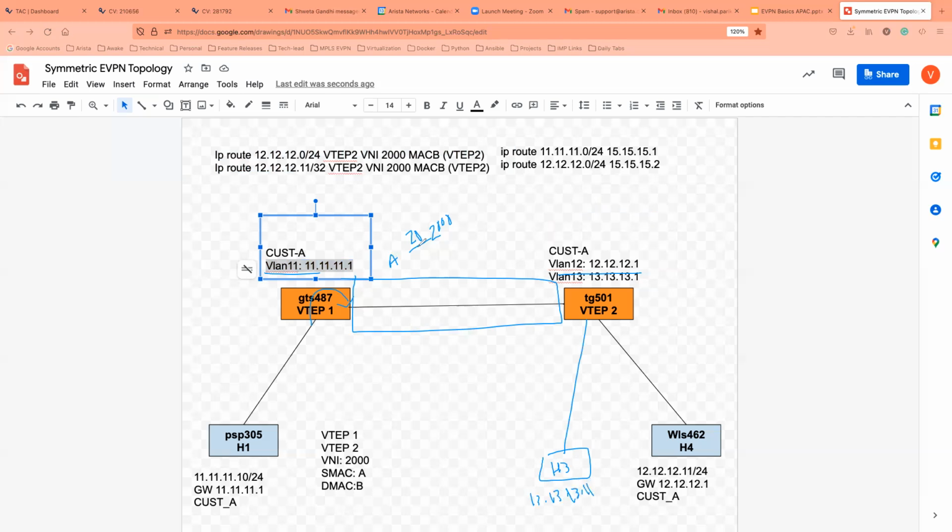Basically you have one common dynamic VLAN 20. So what you will do? From VLAN 11 the packet will come, you will route it into this VRF A, which is the dynamic VLAN, and you send that packet with this VNI 2000. When you receive this packet, based on the VNI you will understand that this packet belongs to this VRF A, so you will route or land that packet into VRF A. Now on VRF A, you check that you want to send the packet to 13.13.13.11, and you already have an SVI for it.